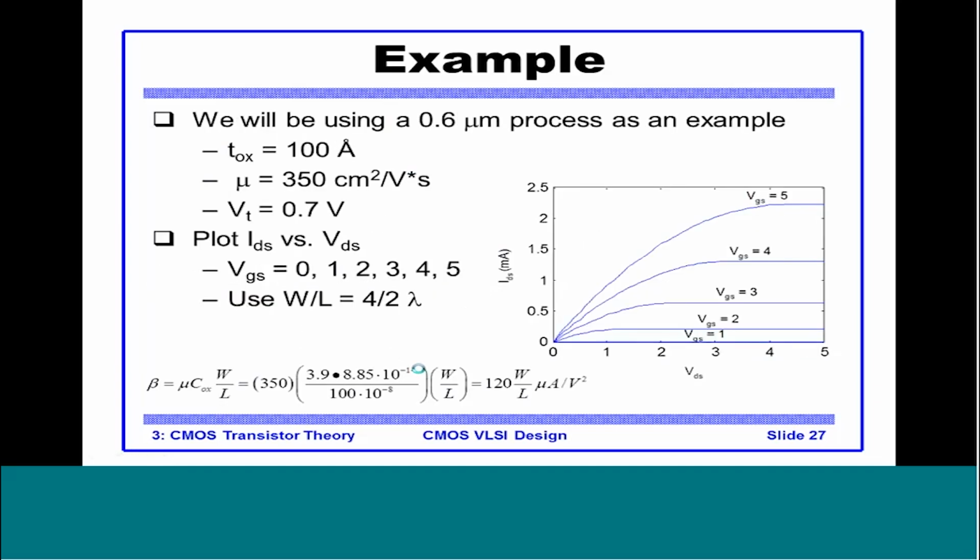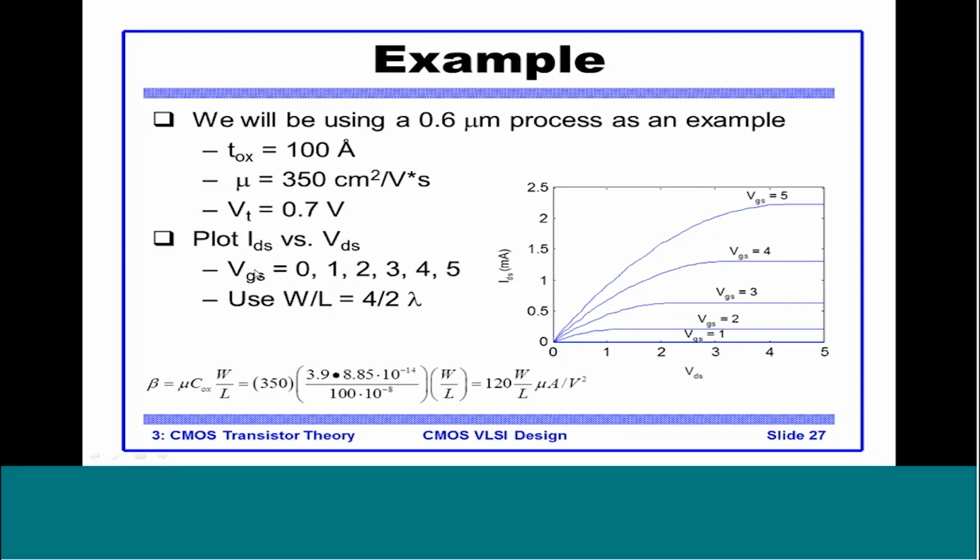This is an example of a particular NMOS device in a 0.6 micrometer process, with Tox being 100 angstrom, mu, the mobility of electrons, being 350 cm squared per Vs, and the Vt being 0.7 volts. If you remember the Vt of a PN junction diode, the most famous textbook value is 0.6. So you see the Vt is very close to that.